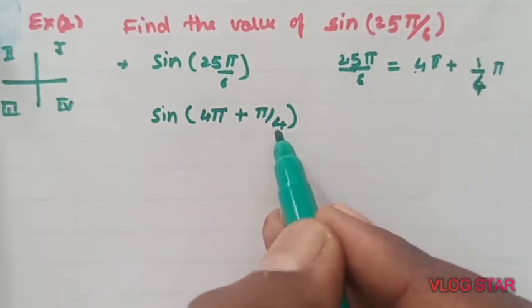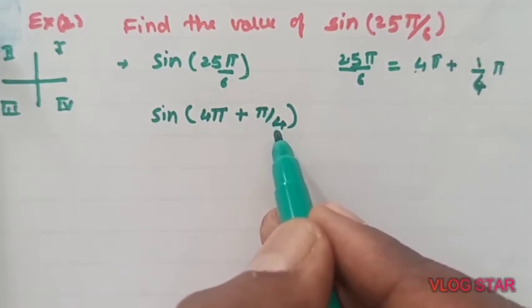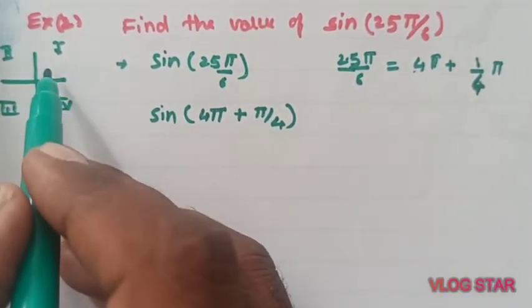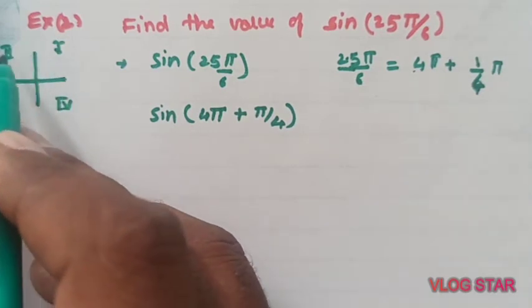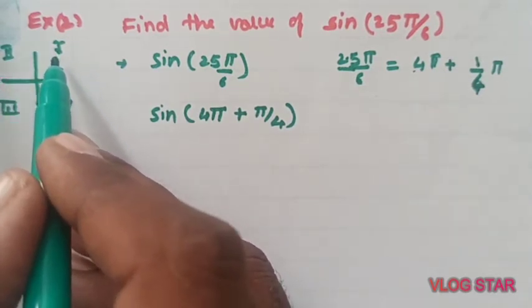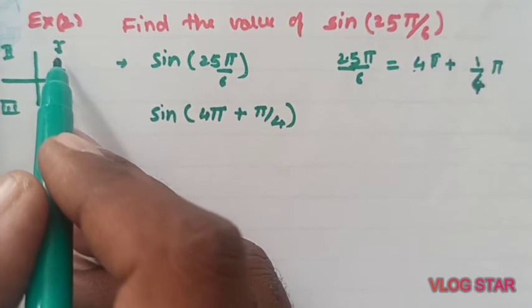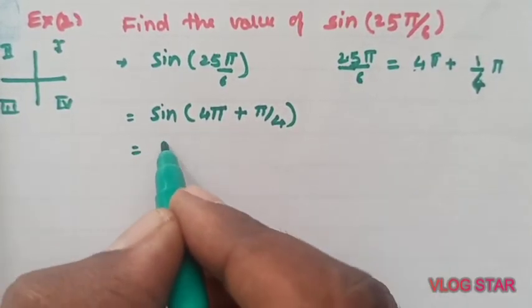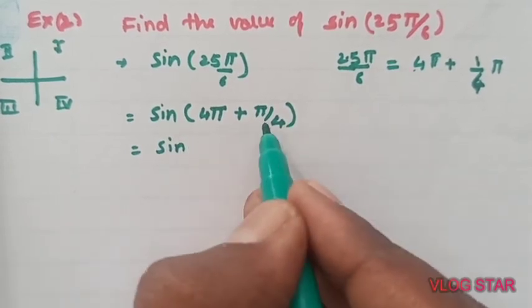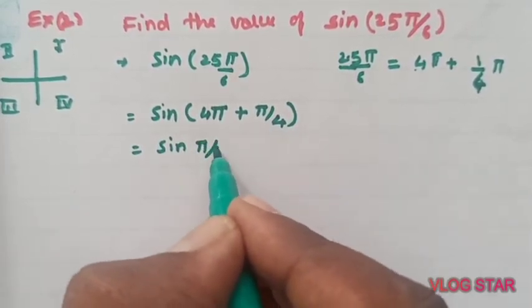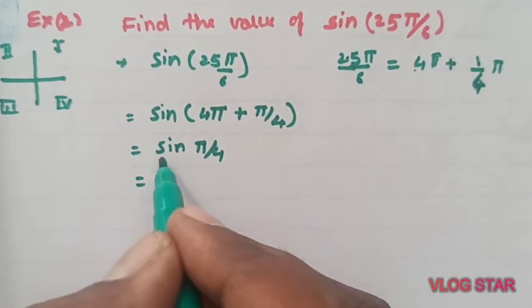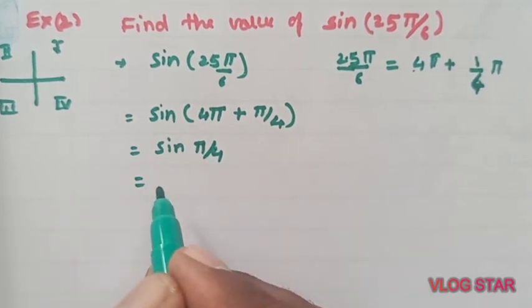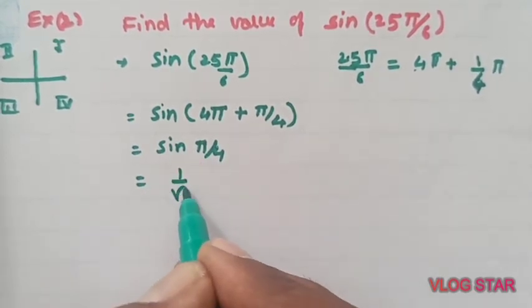After completing 2 rotations, pi by 6 means 30 degrees. So after completing the first rotation, second rotation and then 30, it finally comes in the first quadrant. So no need to consider these 2 rotations, because the angle is in the first quadrant. I can take directly pi by 6, and sine of pi by 6 in the first quadrant is 1 by 2.